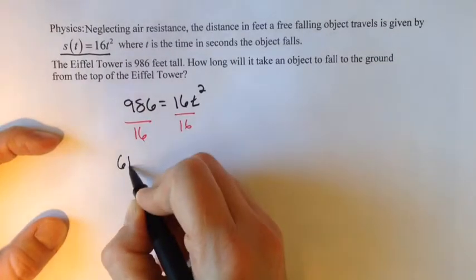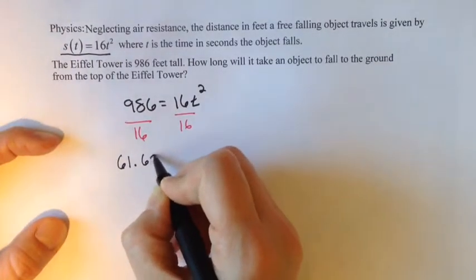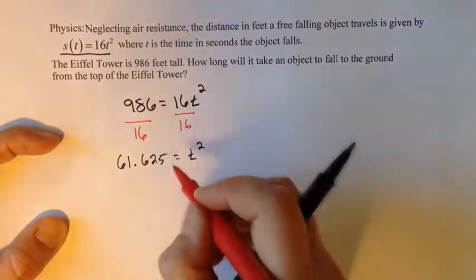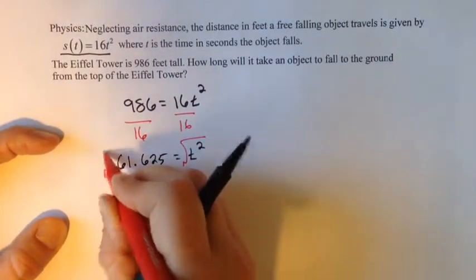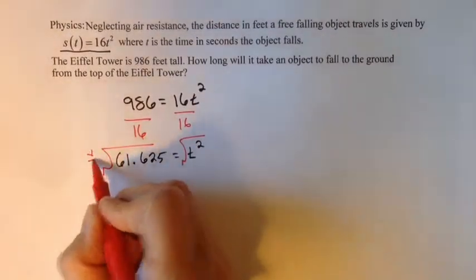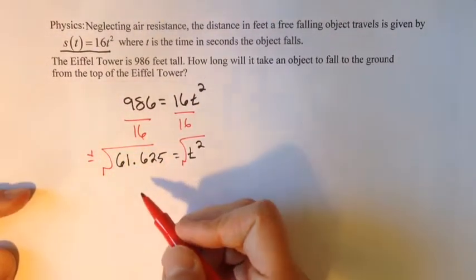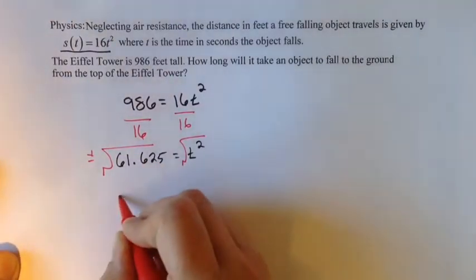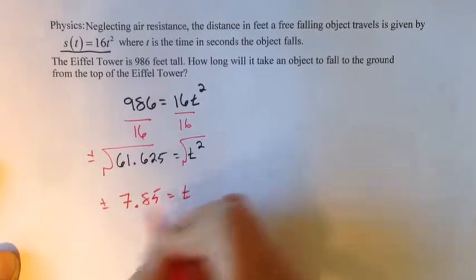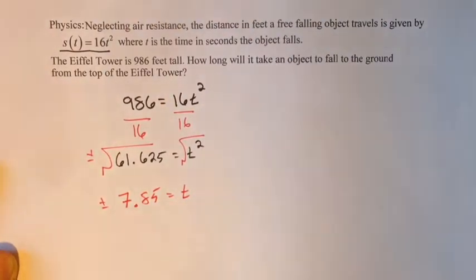So I'm going to leave this as 61.625 equals t squared. And then I can go ahead and take the square root of both sides to find out what my t is. The square root of 61.625 is about 7.85. So t is plus or minus 7.85 seconds.